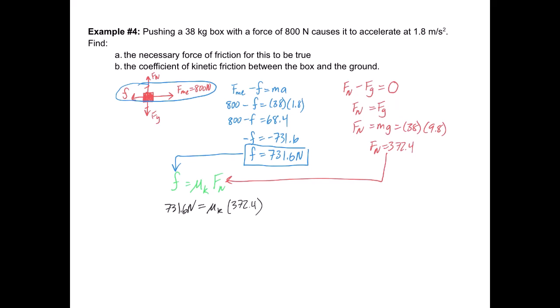And we get that the coefficient of friction is equal to 1.96. So that's a pretty high coefficient of friction there.